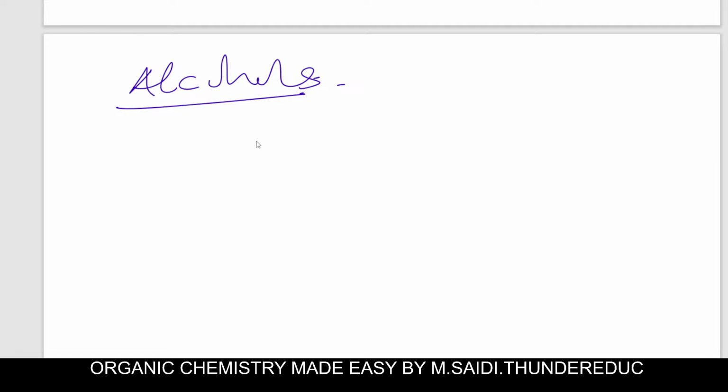The first thing you need to know is the general formula. Remember, I said that the general formula for these organic molecules comes from alkanes, CnH2n+2, like that.